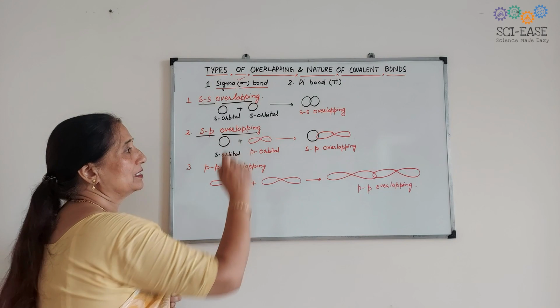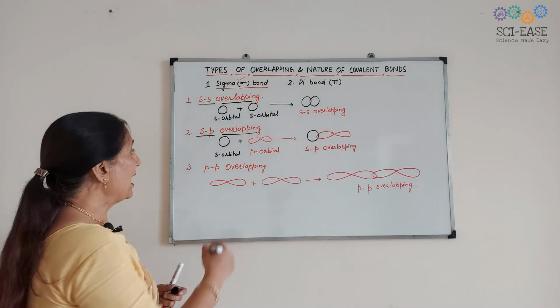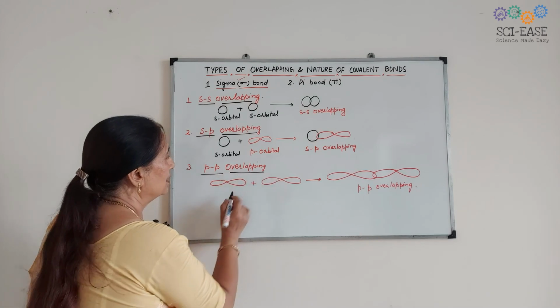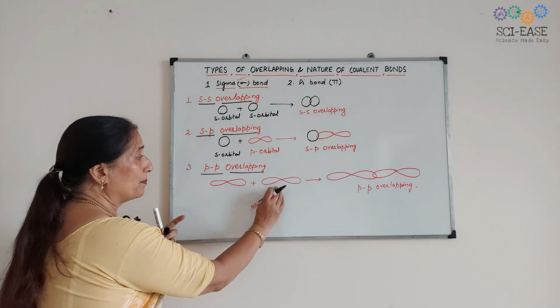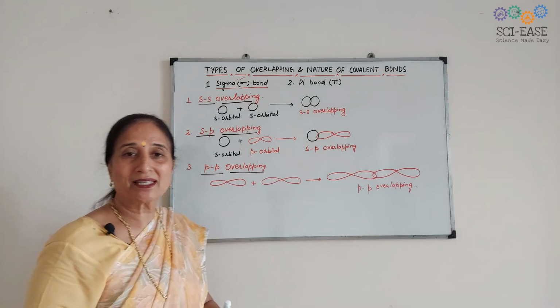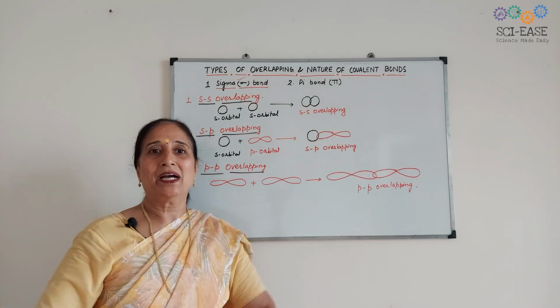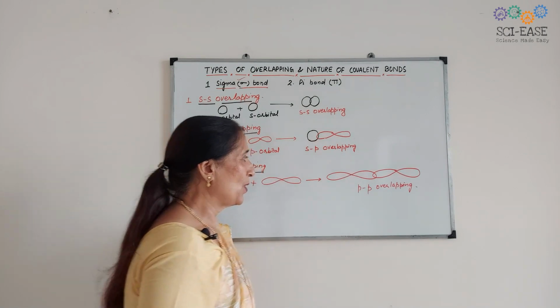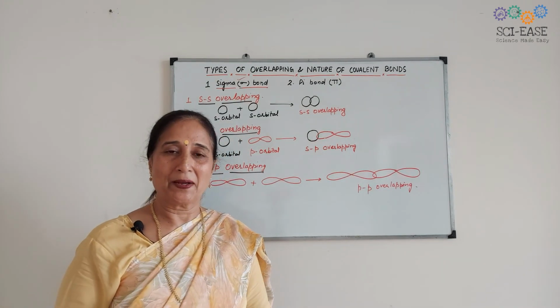And in the third case, pp overlapping, where the p orbitals from the two atoms overlap end to end, and they will result in the formation of pp overlapping.